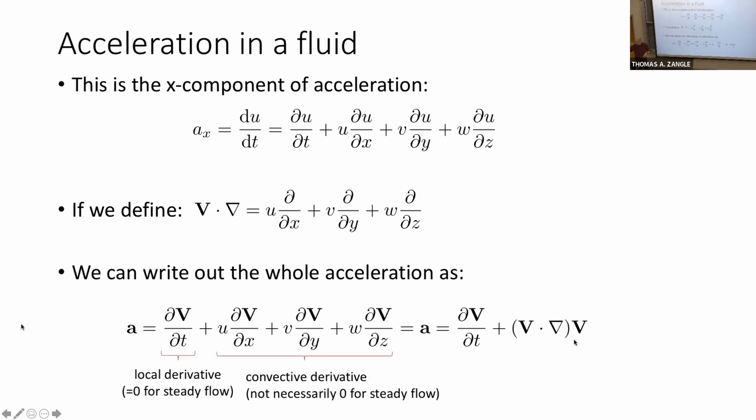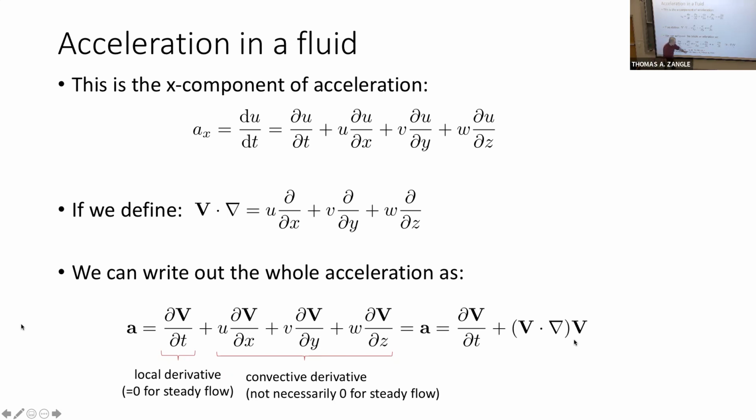And we typically will talk about this as having two components. One is the local derivative, the rate of change of velocity at a given point, the partial derivative with respect to t. In steady flow, if we have steady state conditions, the partial derivative with respect to t is 0, so this term is 0.